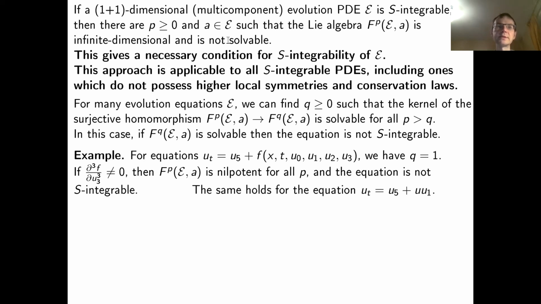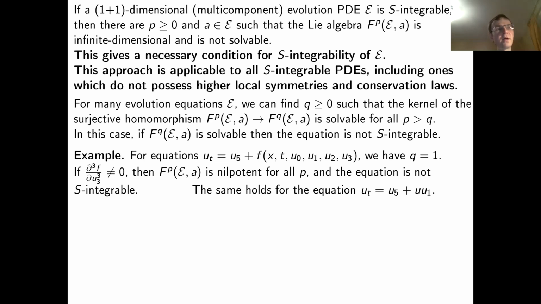Why those two requirements? The informal explanation is the following. It must not be solvable because it is known that zero curvature representations with values in solvable Lie algebras cannot establish S-integrability, and it must be infinite dimensional because one needs zero curvature representations with a so-called spectral parameter, and a spectral parameter must be non-trivial.